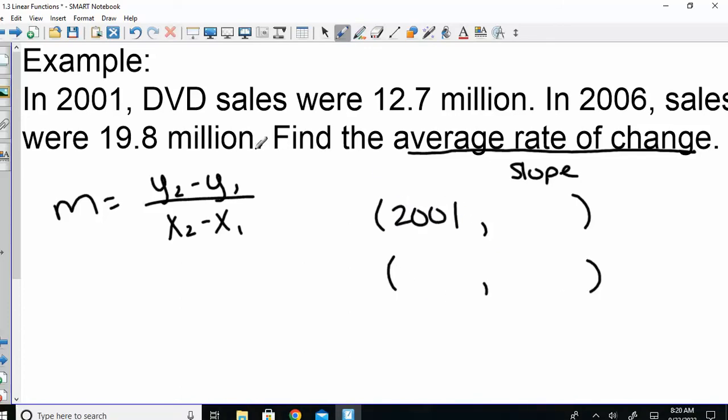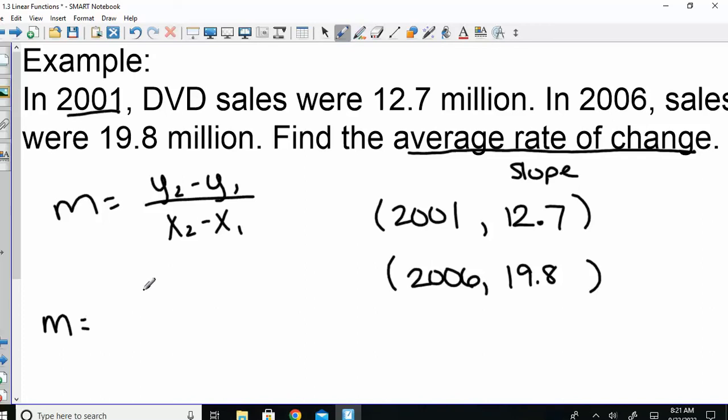In 2001, what's the y value there? 2000. We need to match the year with the sales. So then in 2006, the sales were 19.8.